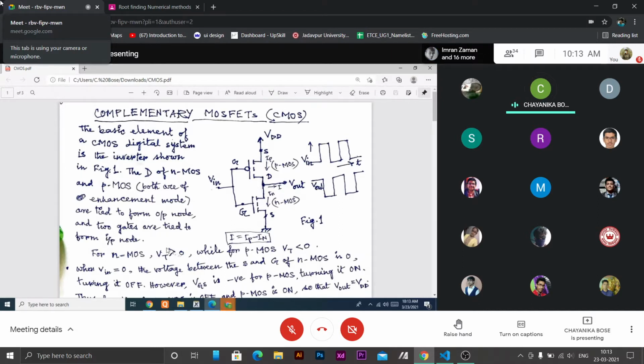So for NMOS VT is positive, while for PMOS VT will be negative because a negative gate voltage will induce positive charge in the semiconductor side of the capacitor. So it will connect P plus drain and P plus source, and the inversion channel will have holes which will establish the channel.